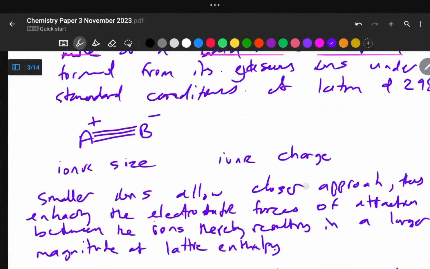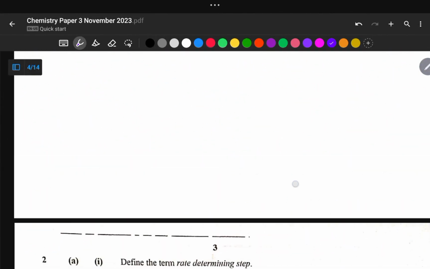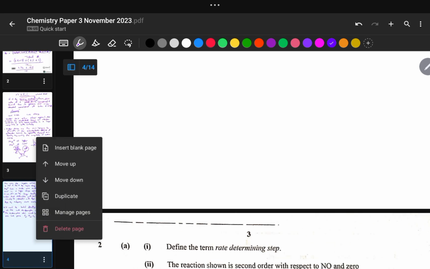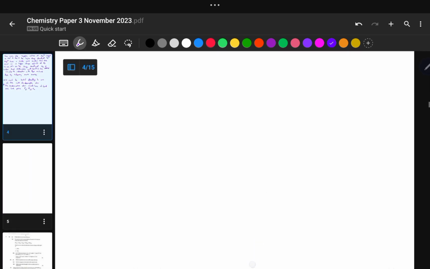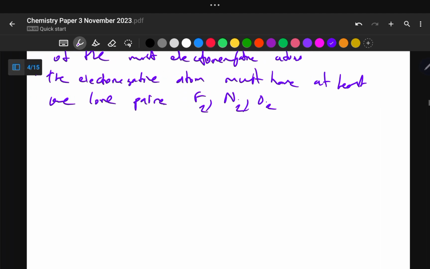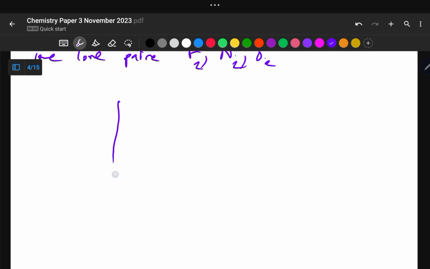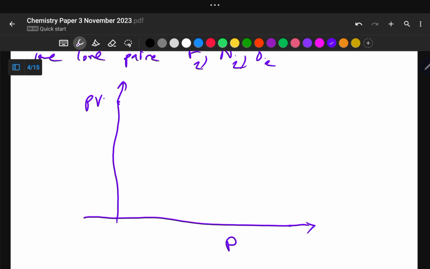So let me add another page so that we can draw the graph clearly, right? So it's PV. So this is my PV against P. So this is my horizontal axis.